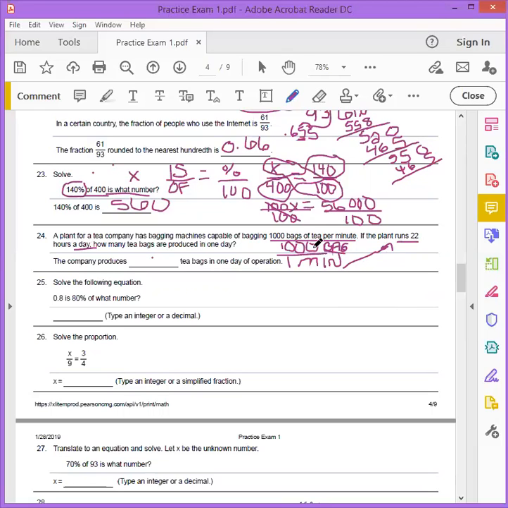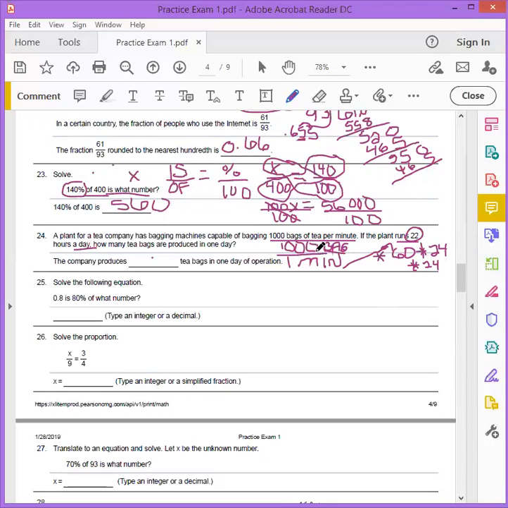So if we have 1,000 bags per minute, we multiply that times 60, that'll give us the number of bags in an hour.